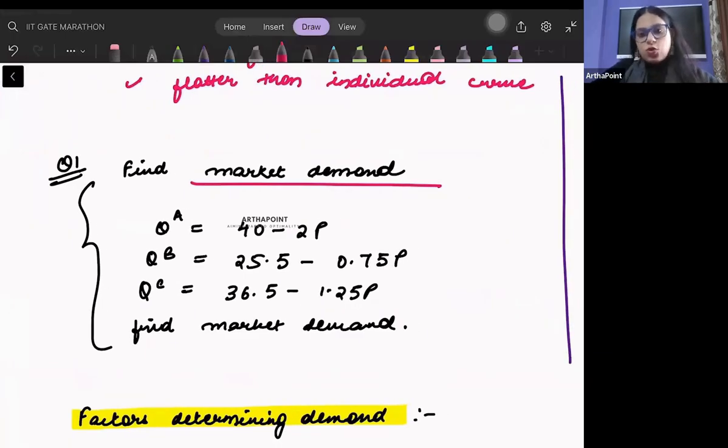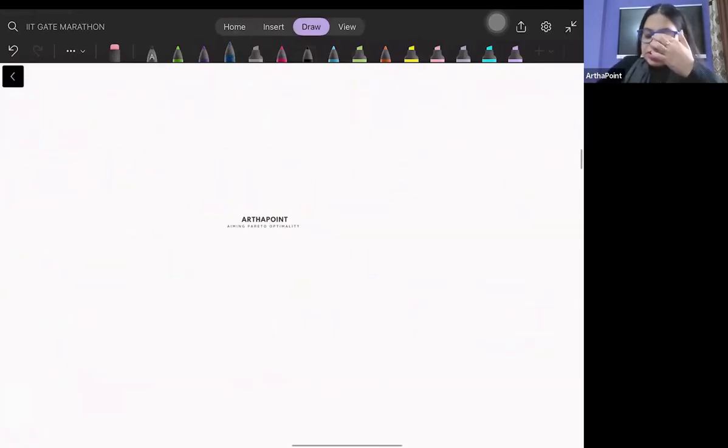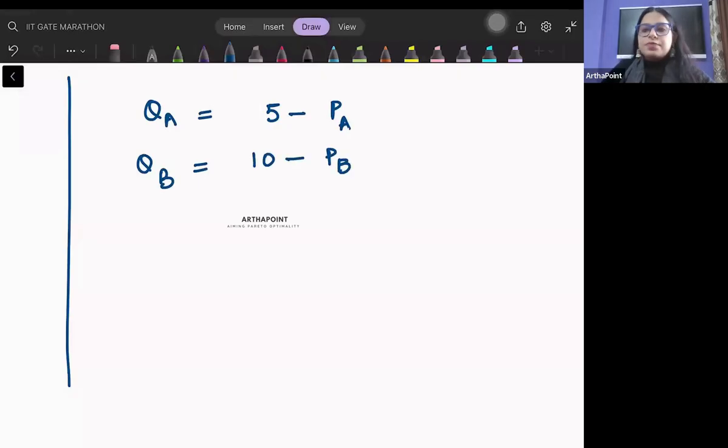यहाँ पर I just want to focus on one more thing. This can be asked in exam again. Suppose बेटा आपको 2 इंडिविजुअल दिए हुए हैं. आपका जो फर्स्ट इंडिविजुअल है ना, उसका डिमांड कर्व है 5 minus PA. This is the quantity of first individual. और quantity of second individual दी हुई है suppose 10 minus PB.